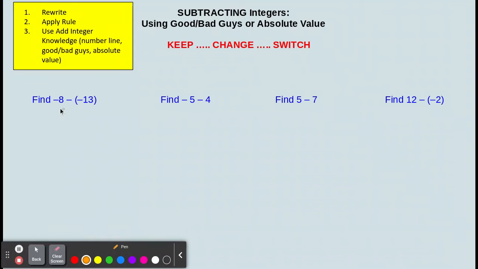We don't need to rewrite it because it's already in the form of negative 8, a symbol, and then we know if our last one is positive or negative. So we're going to apply our rule: keep, change, and switch the sign. So instead of a negative, it's now a positive. And now we can use our good guys, bad guys.